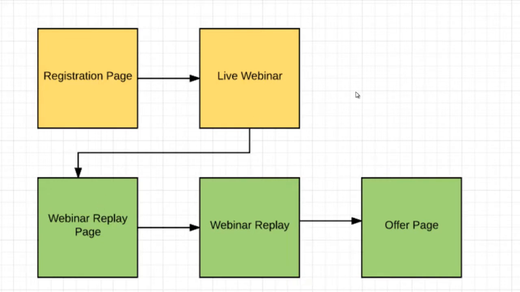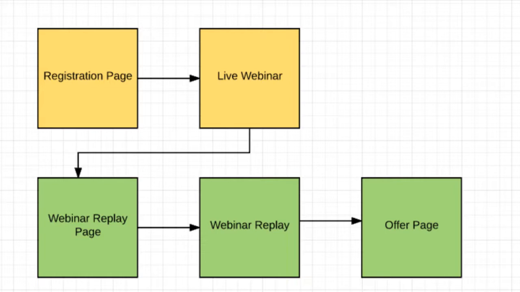Everything that deals with live webinar wording is going to change to "watch this webinar replay" or "watch this webinar." So you're just taking this page and turning it into a webinar replay page, and then you direct them to an offer page. And that's pretty much it. It's not complex at all.